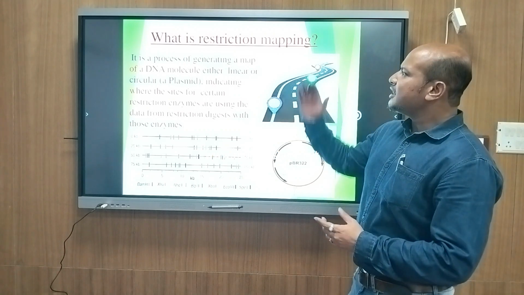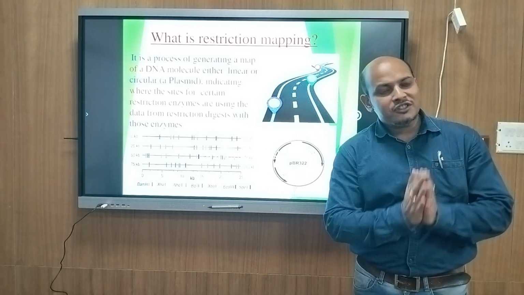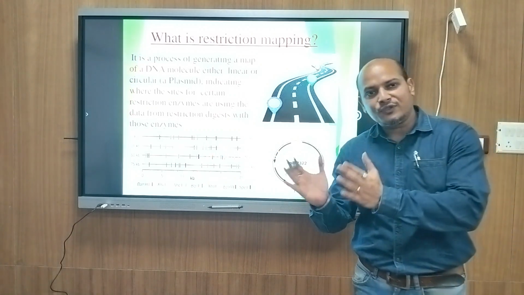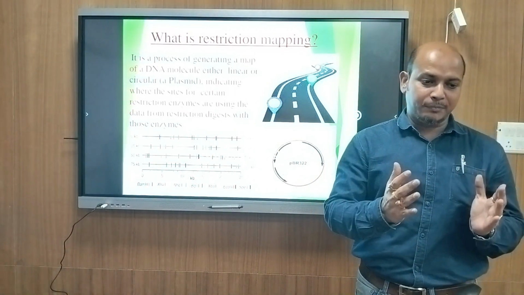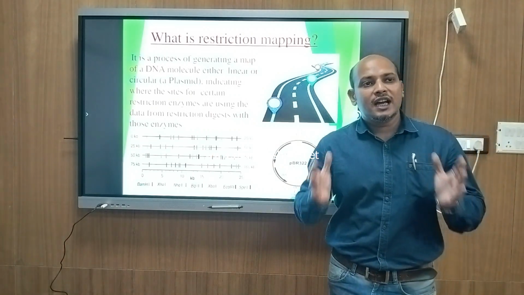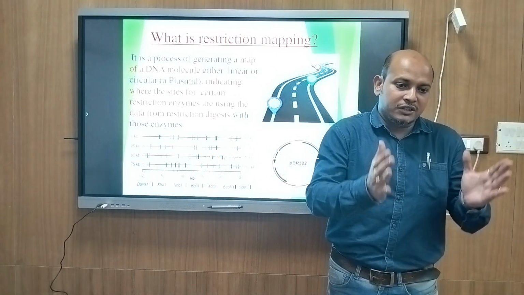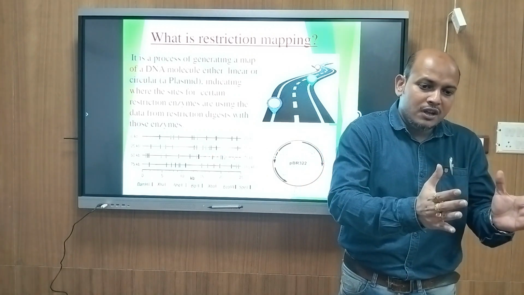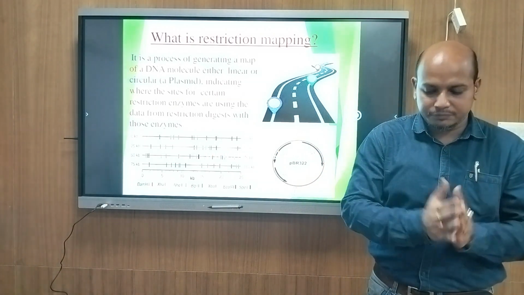So if we consider the word restriction mapping, it is composed of two words. First is restriction and thereafter is mapping. Restriction, which actually means to confine something. Restriction, that is confinement of something. Say we have a very big thing, we want to confine it into certain things of shorter size.